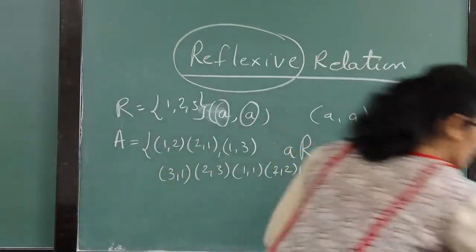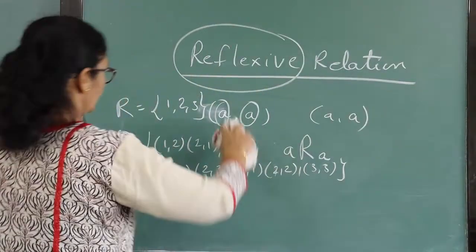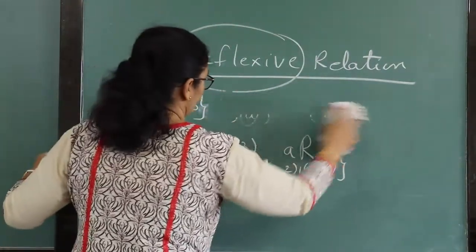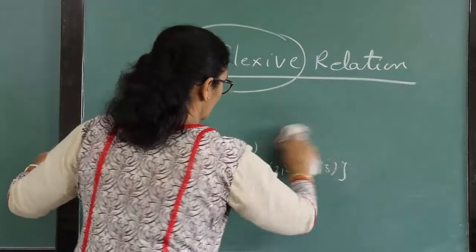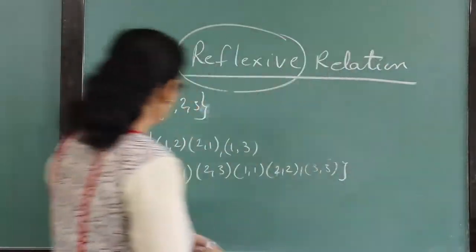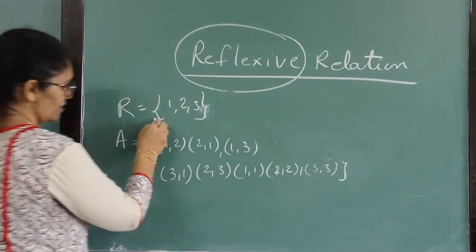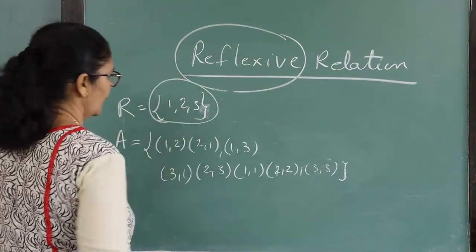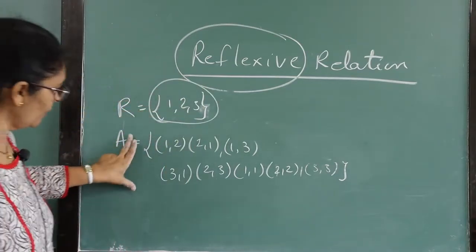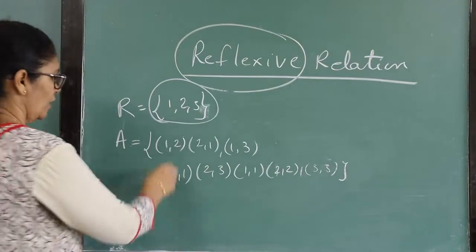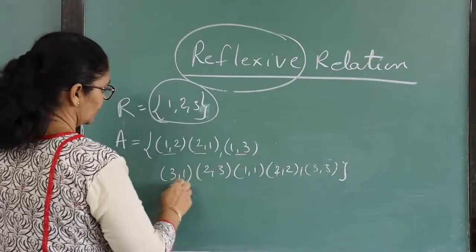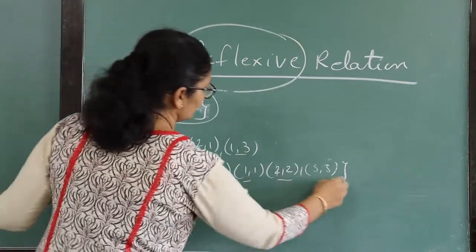This much is given. Okay, this is your set. It has 3 elements, and its relation I have mentioned here. Now check (1,2), (2,1), (1,3), (3,1), all of this.